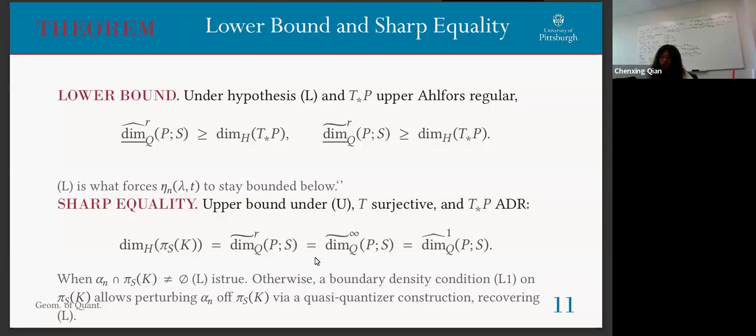But if it's not true, under some variant condition L1, we can allow a perturbation argument. We can construct a quasi quantizer, which is not an actual quantizer, but it preserves the properties with some acceptable errors. Then we can also recover the condition L.